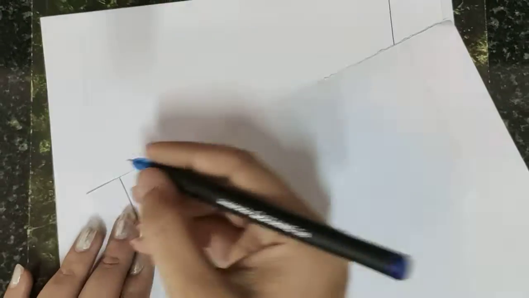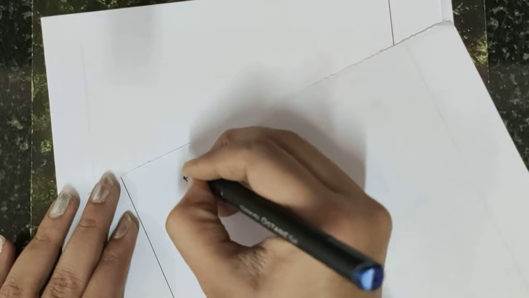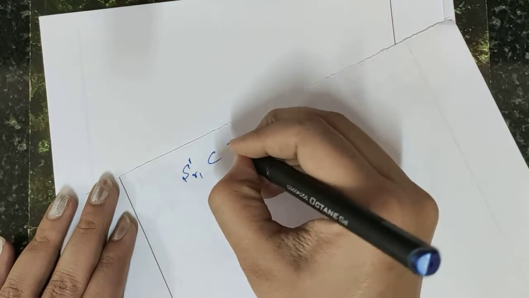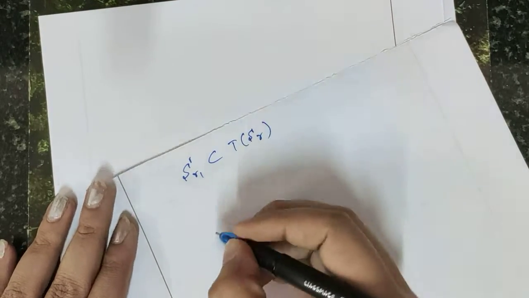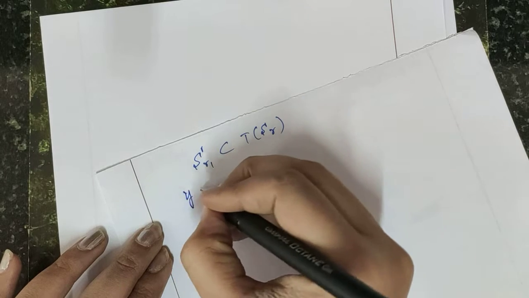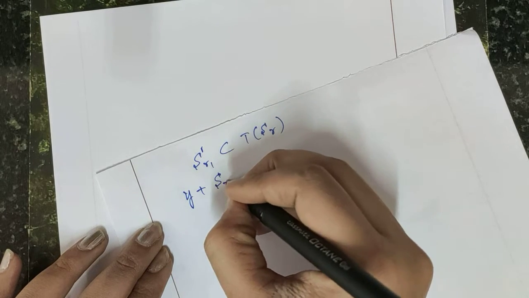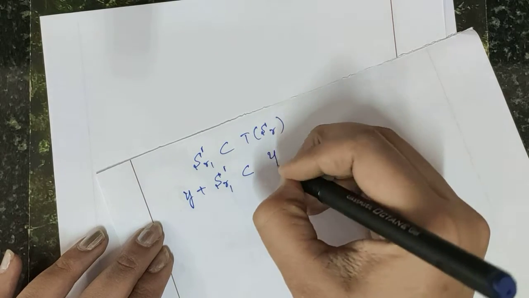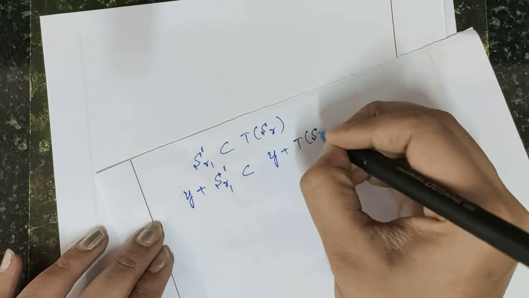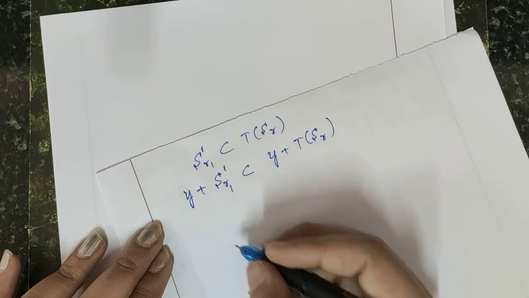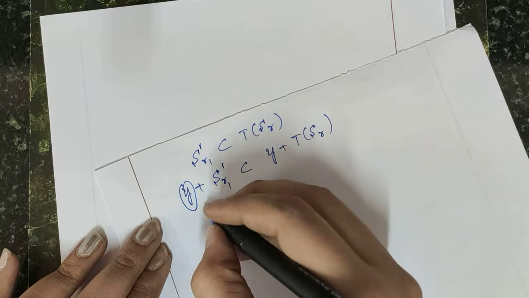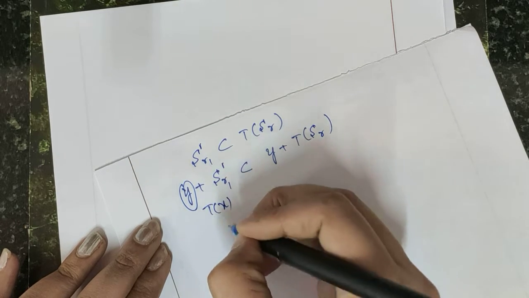So now we have S prime R1 is a subset of T of SR, right? So just operate y on both sides, you will get y plus SR1 prime is a subset of y plus T of SR. What is y? Y is nothing but T of x, right?